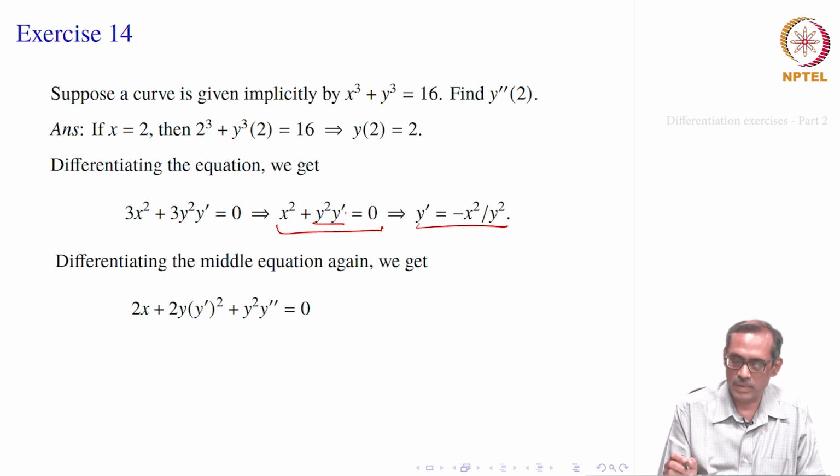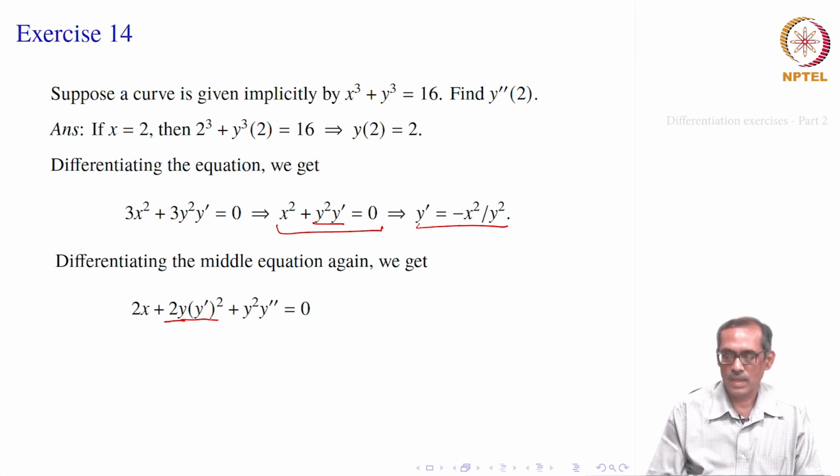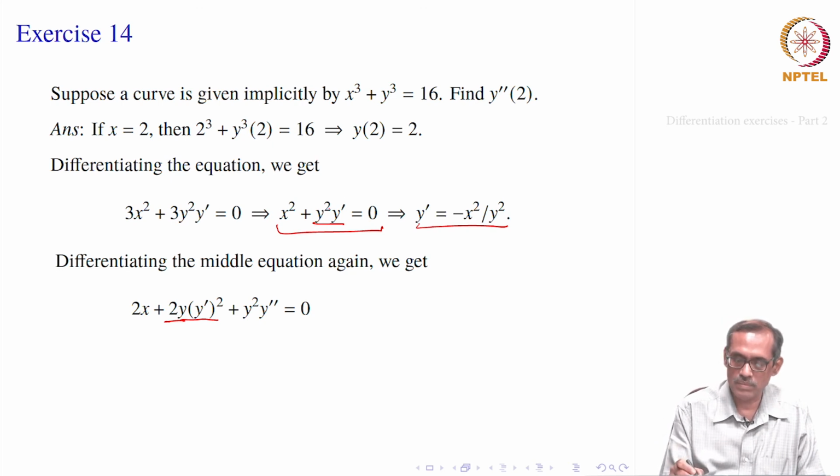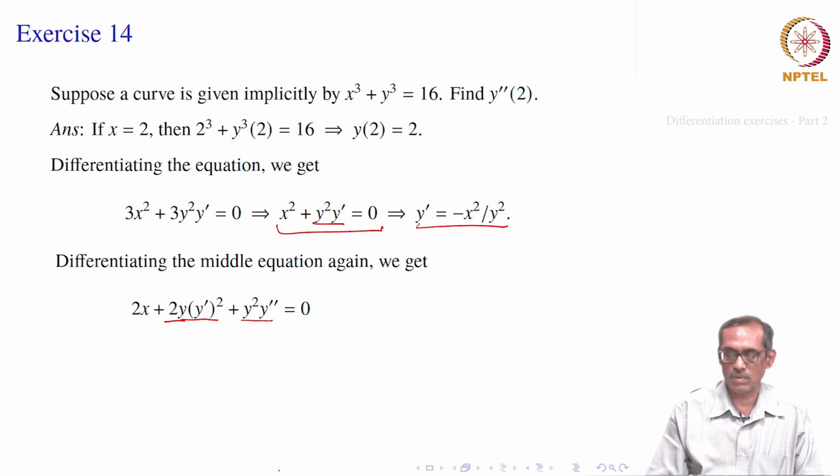So differentiation of y squared gives 2y into y prime, right, with respect to x. So y squared with respect to y into dy by dx. So that gives 2y y prime, and one y prime is there. So we get 2y y prime squared plus y squared times derivative of y prime, which is y double prime, that is equal to 0.